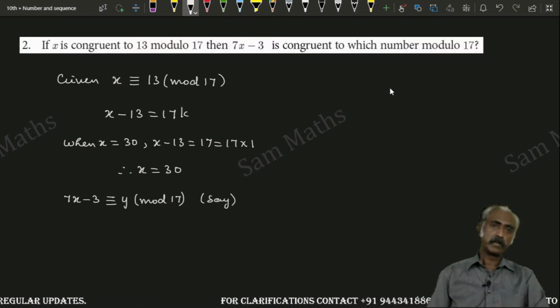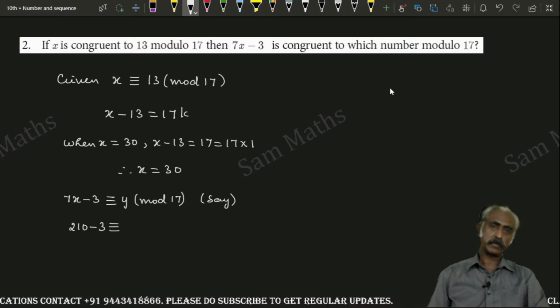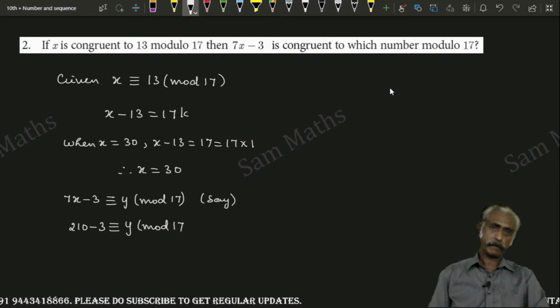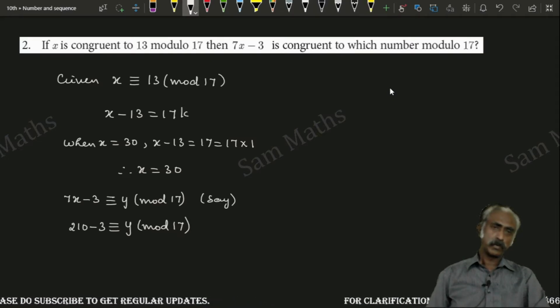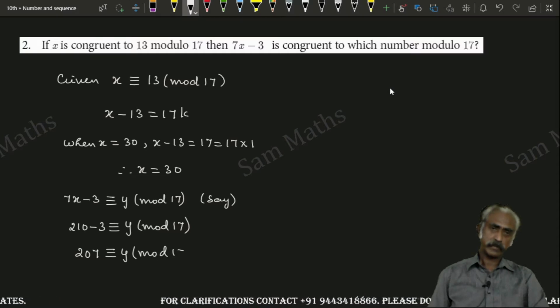So now you know the value of x, you substitute it, it becomes 7 into 30, that is 210 minus 3 is congruent to y mod 17. You can subtract it, it becomes 207 is congruent to y mod 17.